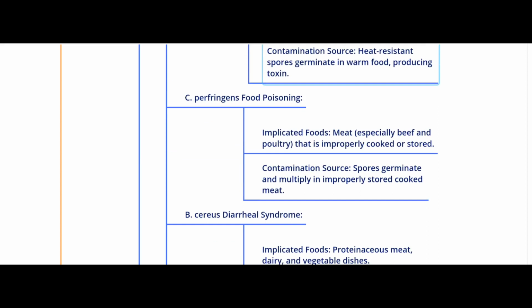If we talk about Clostridium perfringens, usually it's improperly cooked beef and poultry, and the source of contamination is spores that are already in the meat and multiply when improperly stored or cooked.